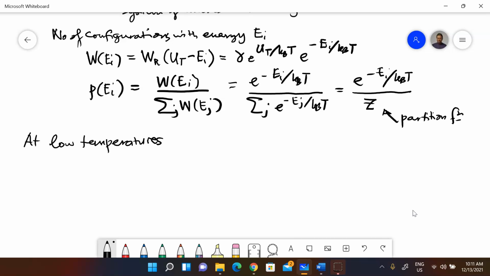So at low temperatures, the low energy states are more probable, particularly the ground state, for example.